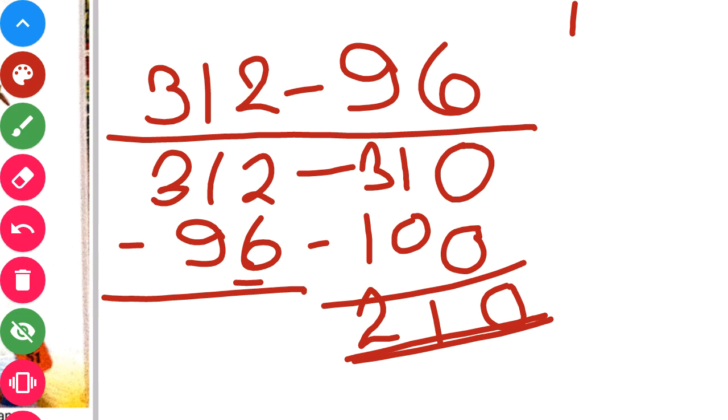Now kids, I am going to give you one question that you have to do yourself right now. You have to round off the given numbers to the nearest tens and then find the difference. The numbers are 124 minus 111.